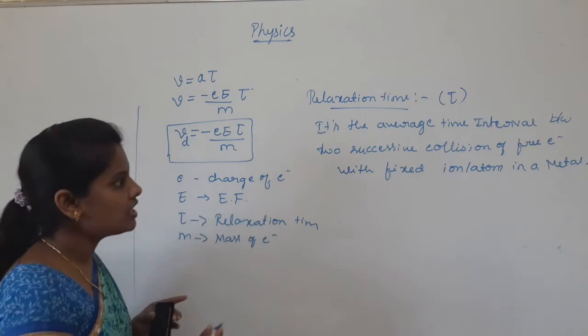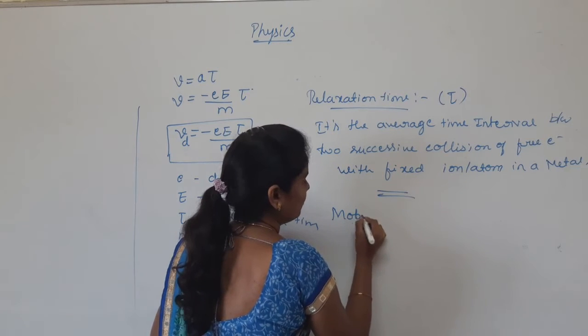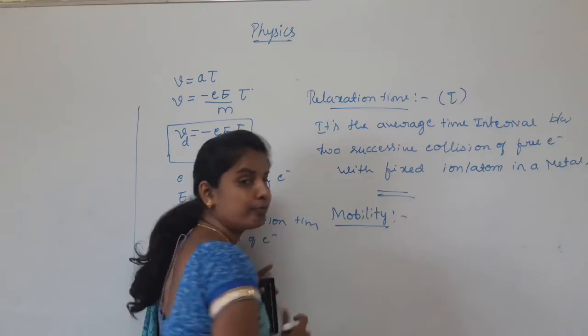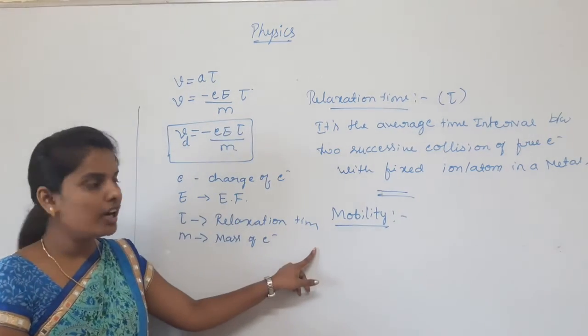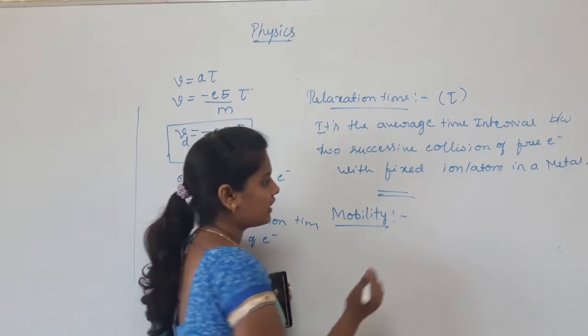The next one is mobility. Mobility is the drift velocity acquired by a free electron per unit electric field.